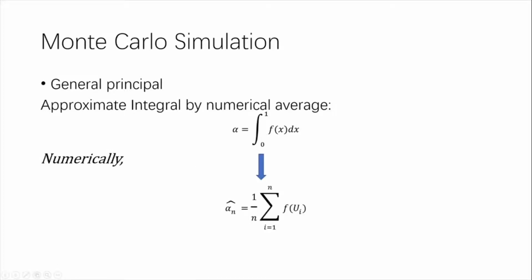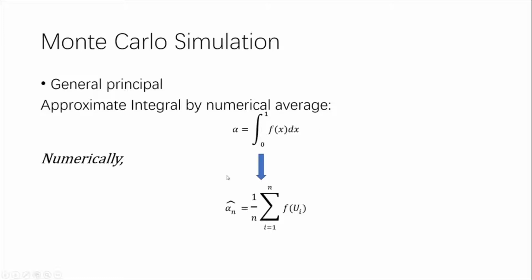If we want to calculate it numerically, we can use this formula: 1 over n times the summation of f(U_i). So we sample uniformly distributed random numbers U_i, sum all of them and take the average. This gives you a numerical approximation for this integral.